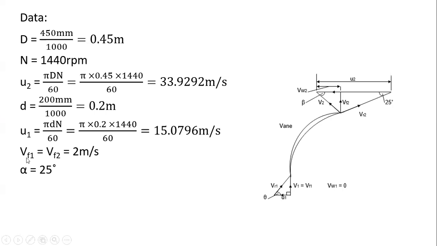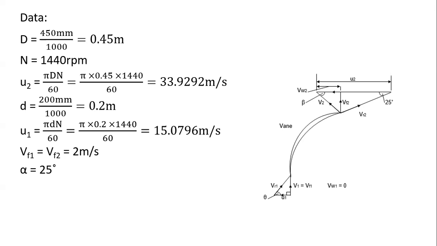So VF1 is equal to VF2. The relative velocities are different, but velocity of flow 1 and 2, according to the information provided, are the same. If they are different, the question will state it, and you use those numbers as they have been provided.